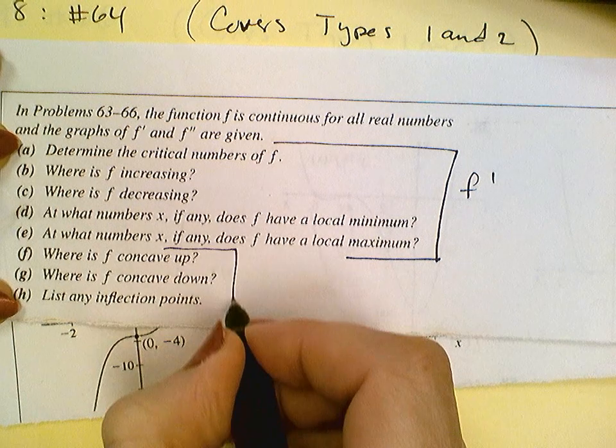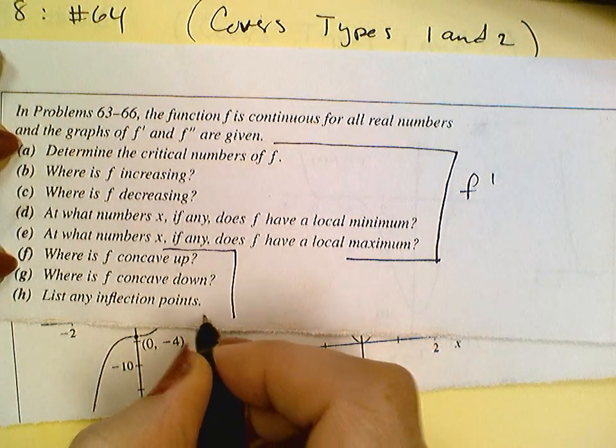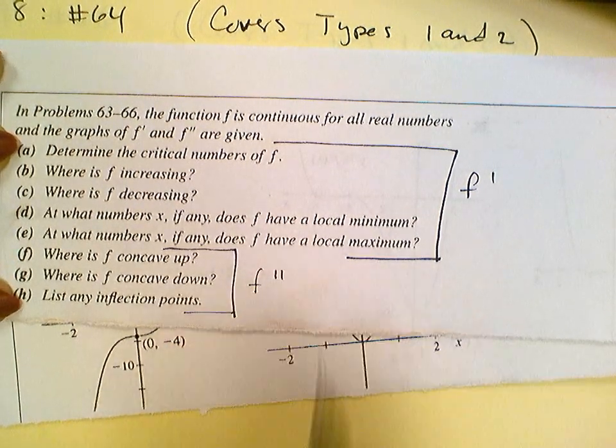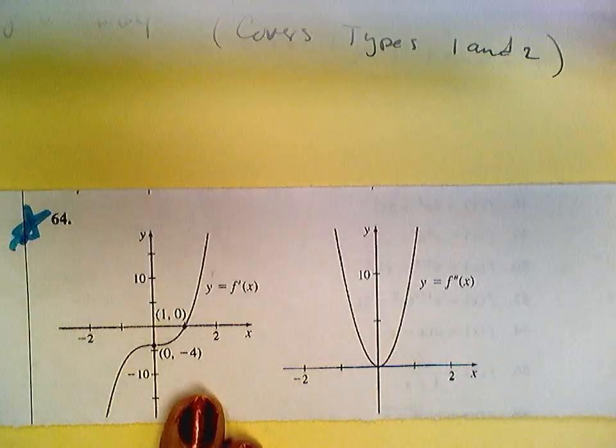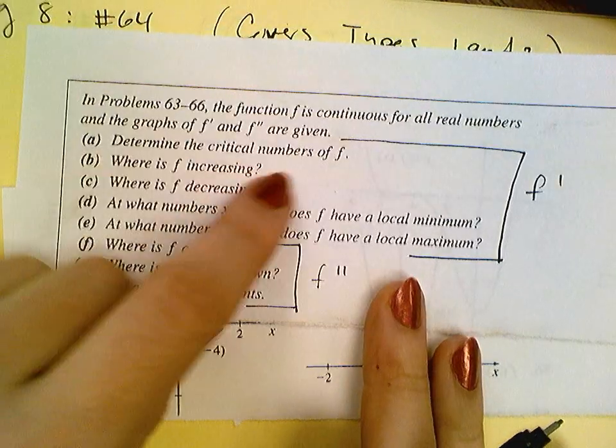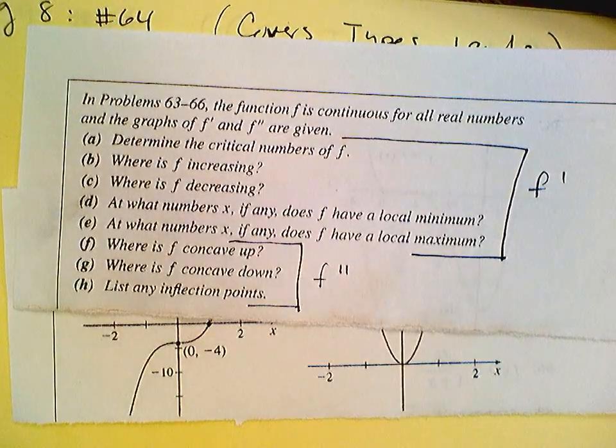And then F through H, this is where we'll need the f double prime graph. Okay, so first, determine the critical numbers of f. The critical numbers are where the first derivative is 0 or undefined.